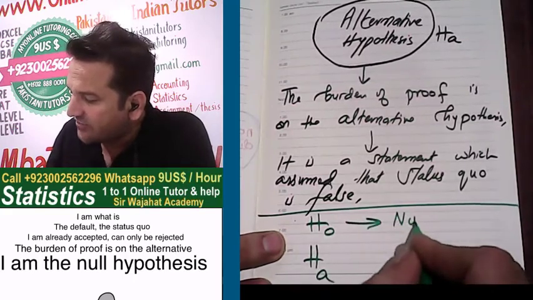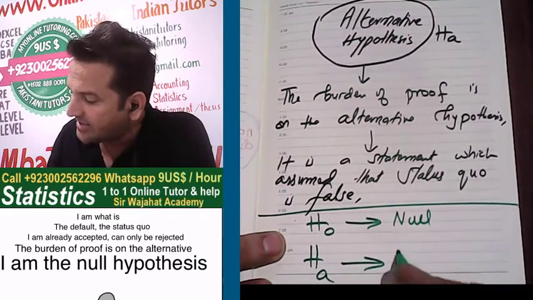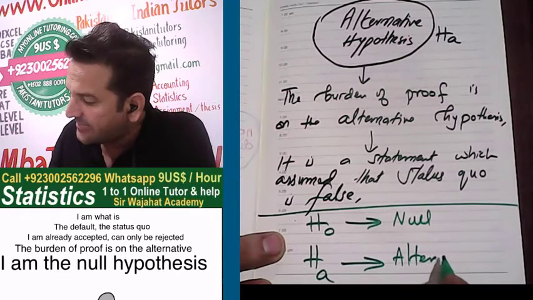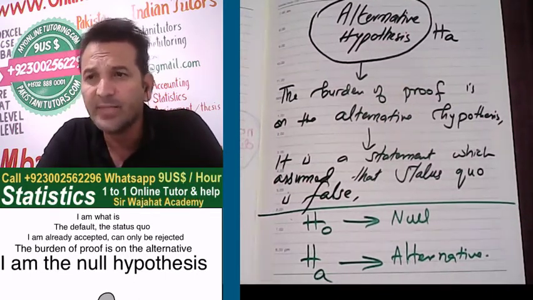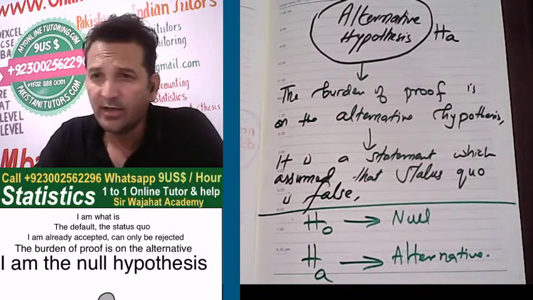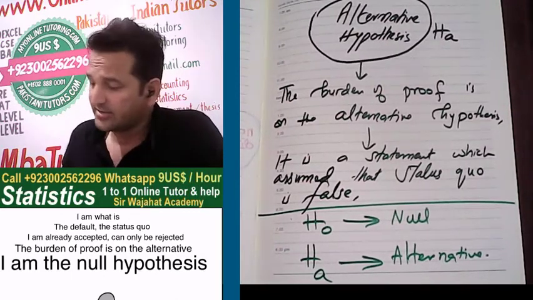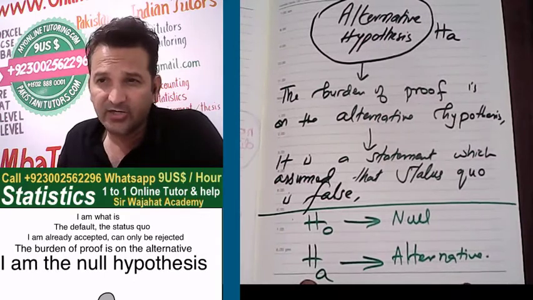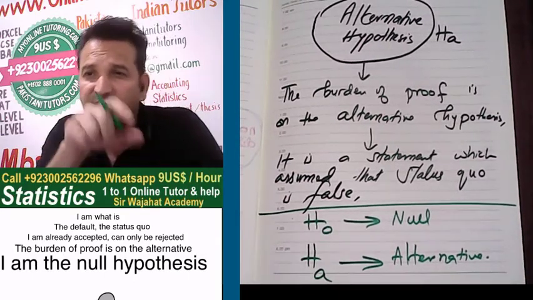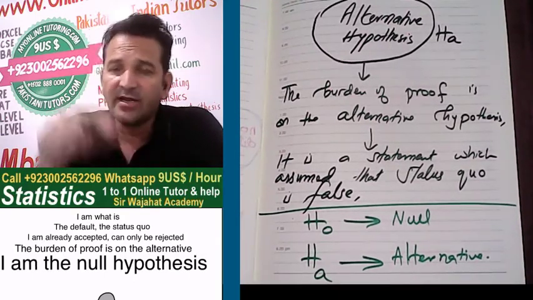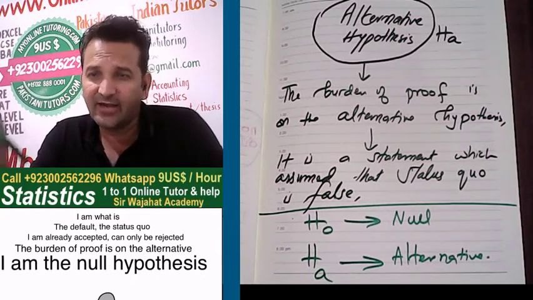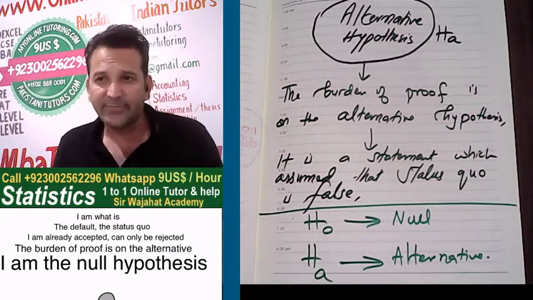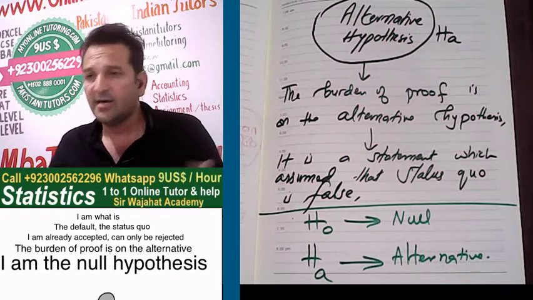H naught will be the null hypothesis and HA will be the alternative hypothesis. Clear? So how do we construct the null and alternative hypothesis? I have chosen 3 different examples, and after looking at these examples you will be able to define that this will be our null hypothesis and this will be the alternative.